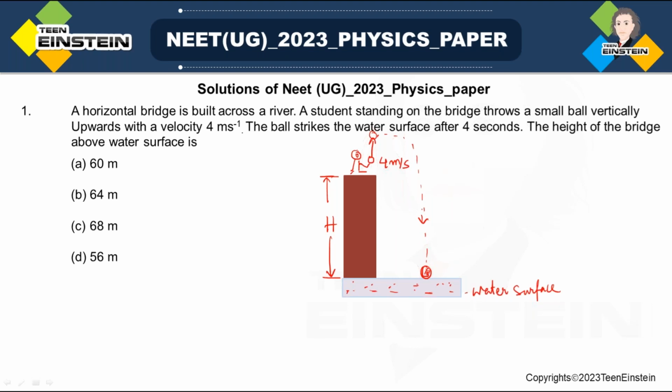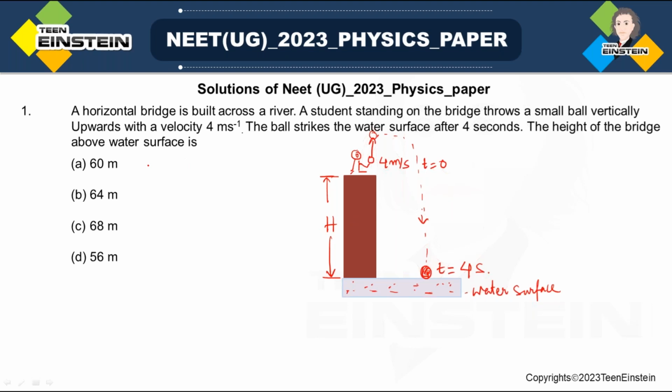Suppose time starts at t equal to 0 when it was thrown upward, and when it falls on the surface of the water, this is 4 seconds. Now the question is, what is the height of this bridge above the water surface? So how do you solve this problem?